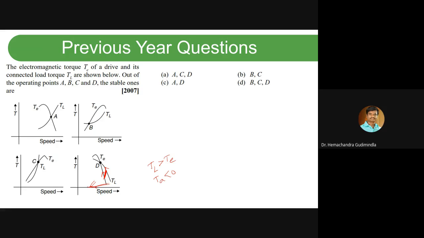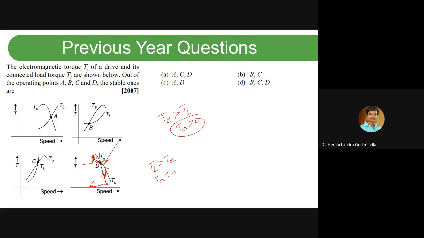Right? Now if you look at this position, TE is greater than TL, so TA is greater than 0. If TA is greater than 0, the acceleration is positive, that means along this direction, so it will reach the point D. So point D is also stable.